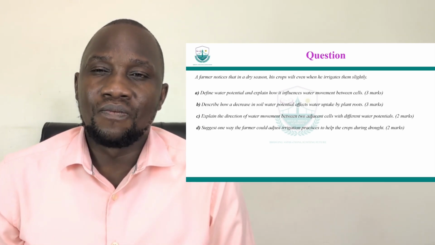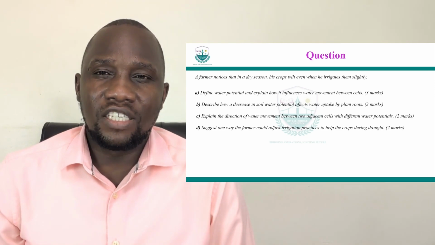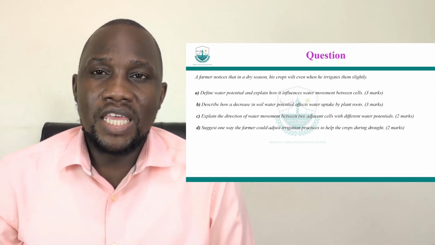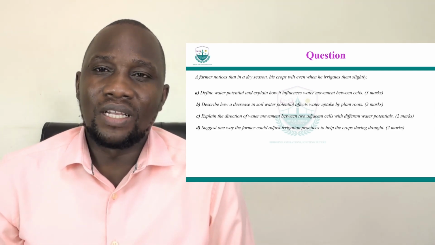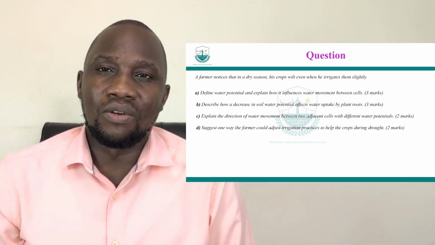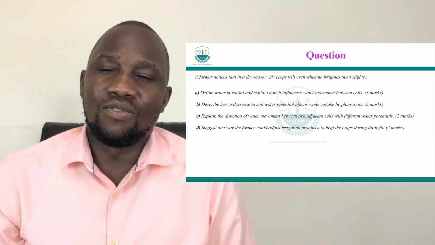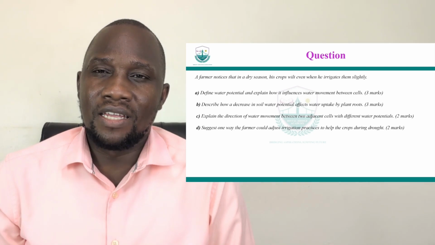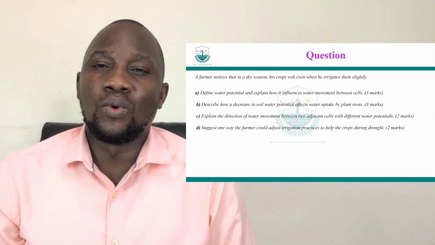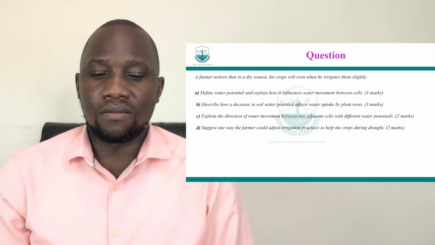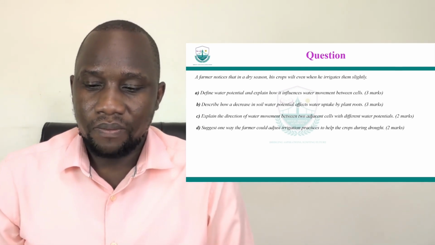So that means that a more negative water potential in the soil makes it difficult for the root hair to take up that water. So you need a more negative water potential in the root hair to be able to get water from the soil. That's what that means.